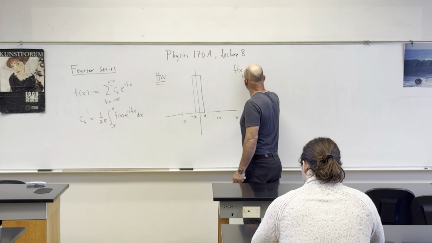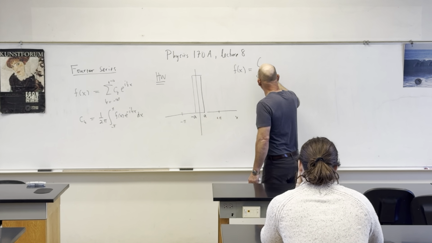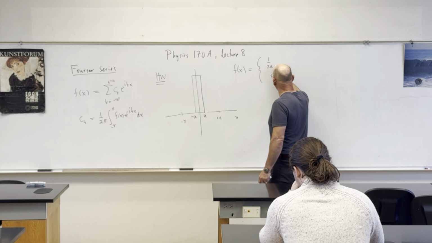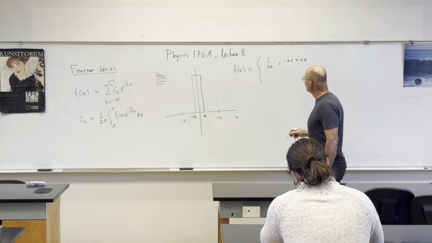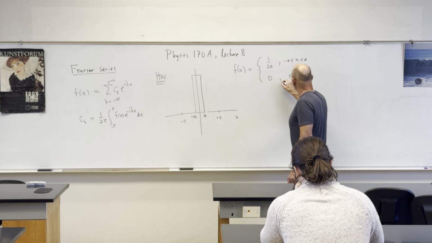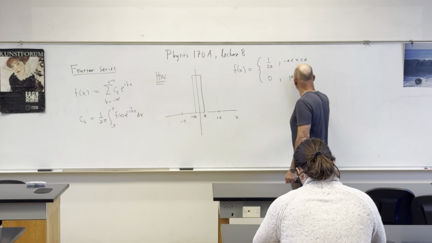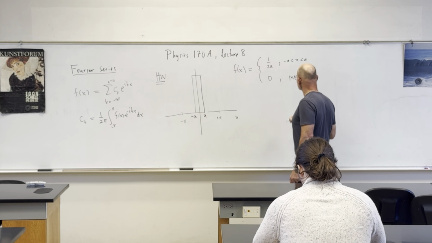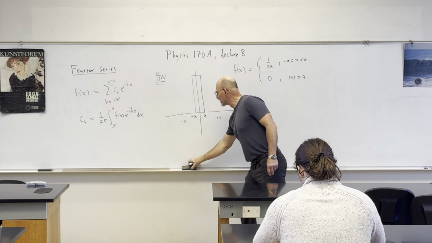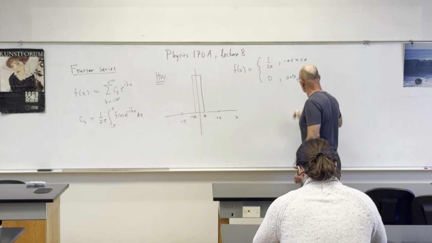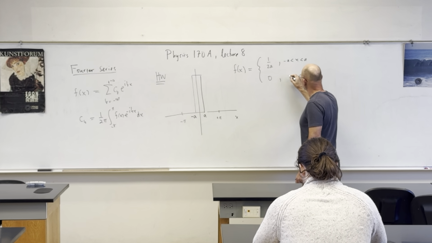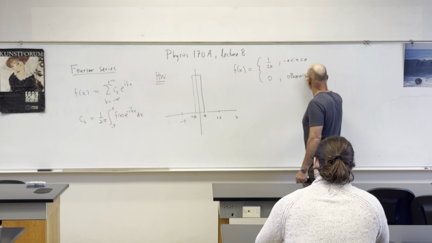So f of x is equal to 1 over 2a for minus a less than x less than positive a, and it's equal to 0 for x greater than a, or I could put the absolute value of x greater than a, otherwise, because it's clear from the picture.